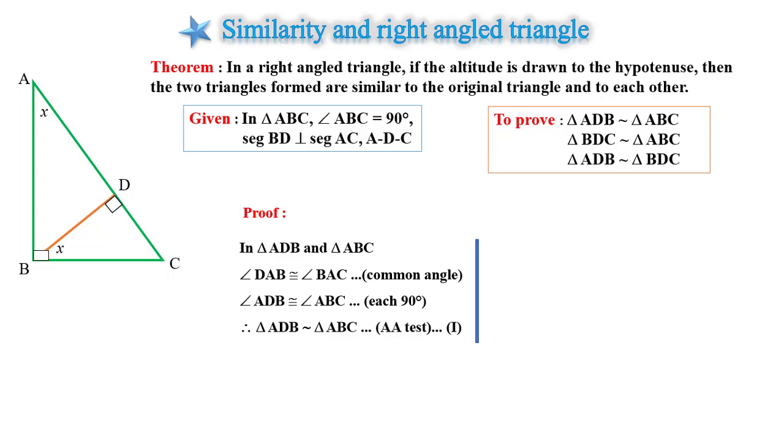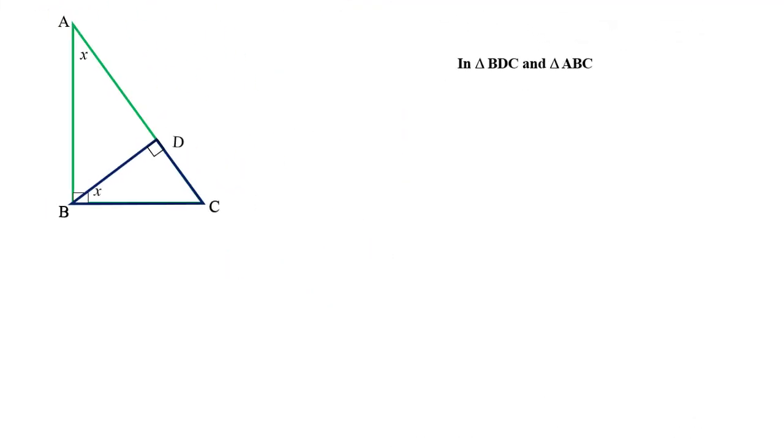Now after that, in triangle BDC and triangle ABC, see the figure. There is a green triangle and a blue triangle separately. These are the two triangles. I keep C over C like this. Angle BCD is congruent to angle ACB because it is a common angle.